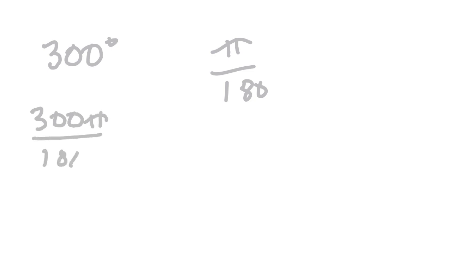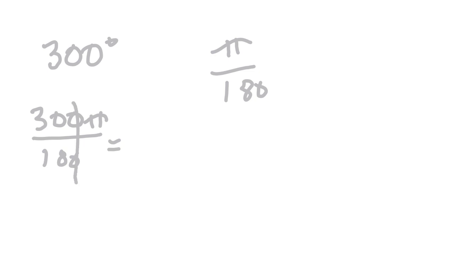To go from degrees to radians, you're going to use the conversion factor pi over 180, because if you want a radian, you want something with pi in that measure. So this is going to be 300 times pi over 180. And then it's just a matter of simplifying because in calculus, they're going to want all this stuff simplified.